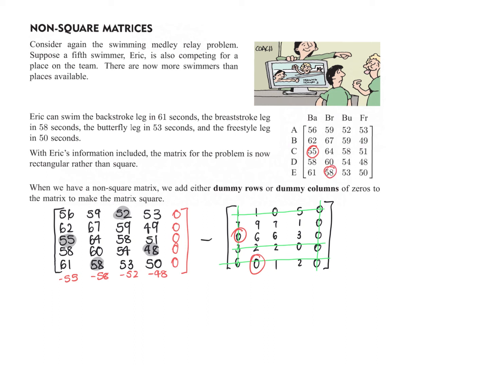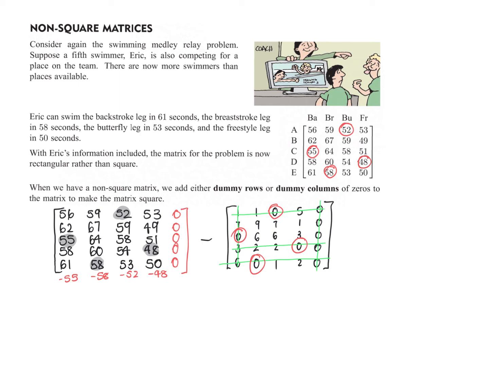In column 3, there's once again only 1 zero, so I think it was Alex will complete the butterfly, and then the freestyle leg would be assigned to D. So what that tells me is B is the person that is not going to be competing in this relay.